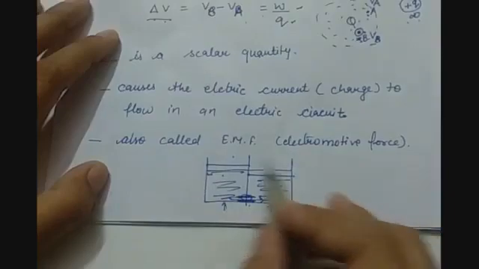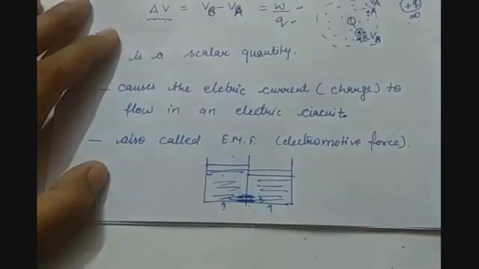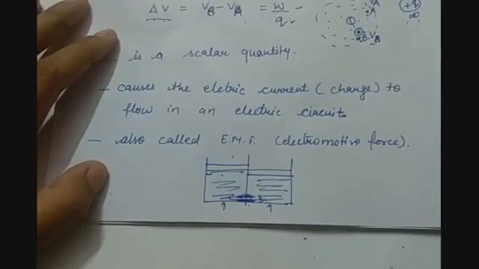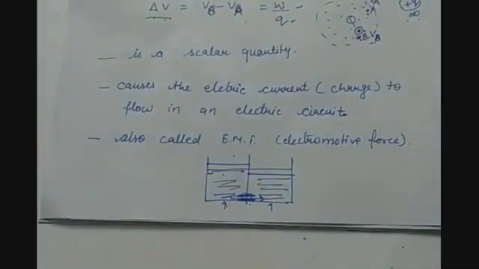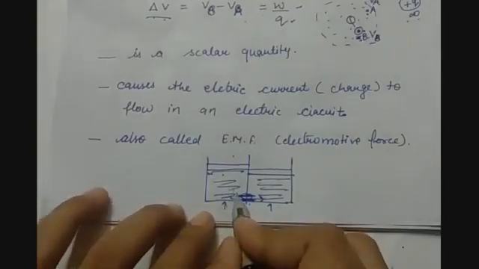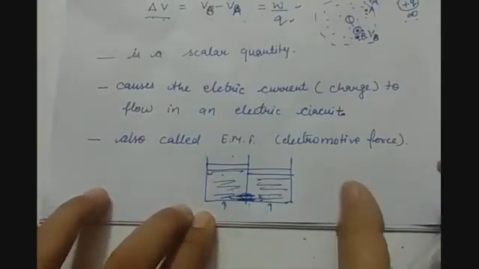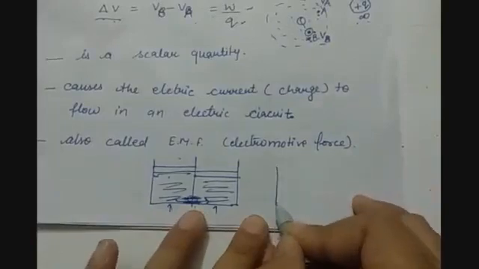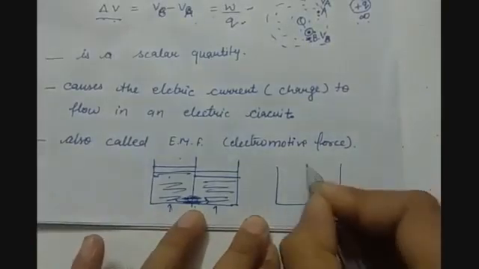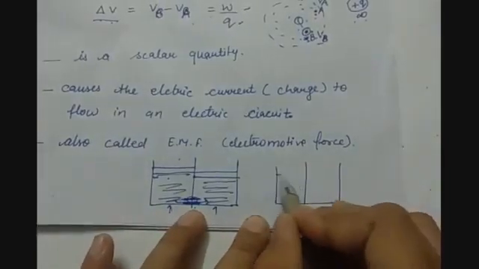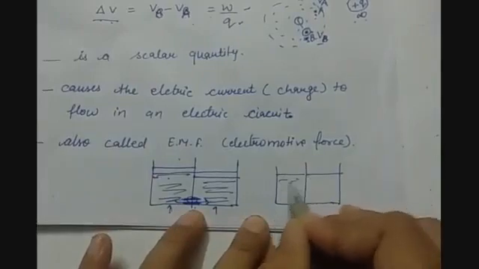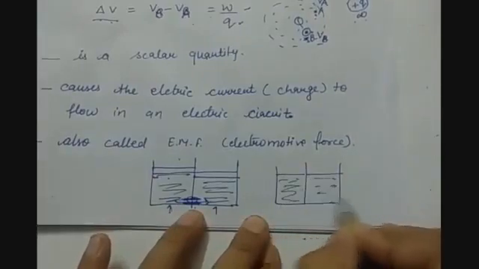So this is what happens in an electric conductor as well, because there is a requirement of a difference in the pressure levels so that the water flows from one side to another. Suppose we have a container with two sides and both sides have an equal amount of water.